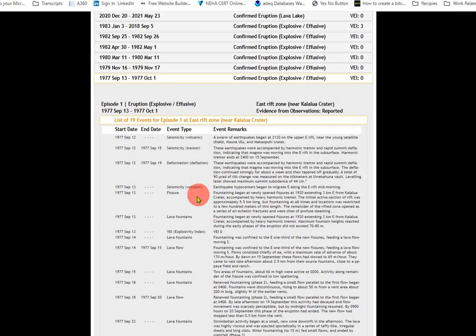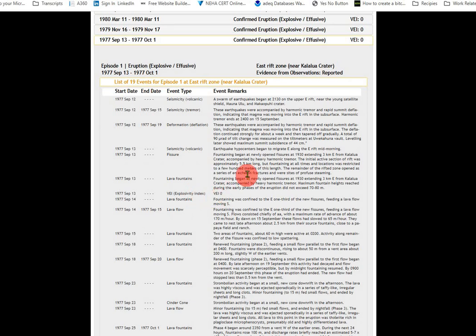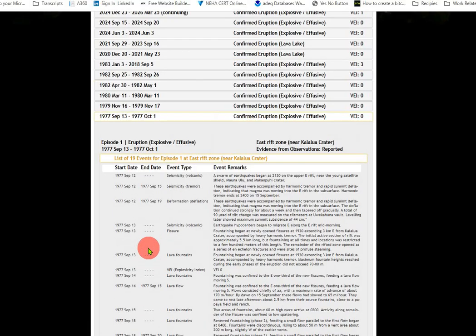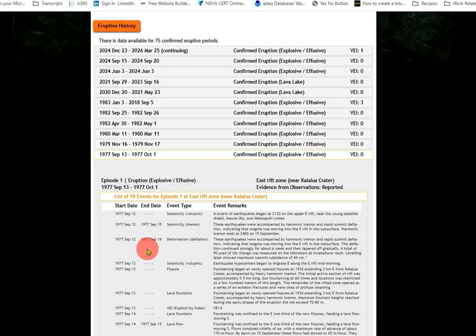When you drill down on these, you can see that on September 13th, a fissure started and there was lava. That's the day I looked at, not all the extra days where there were lava fountains and other things going on, because to me, the start date of the eruption of this series is what's important.